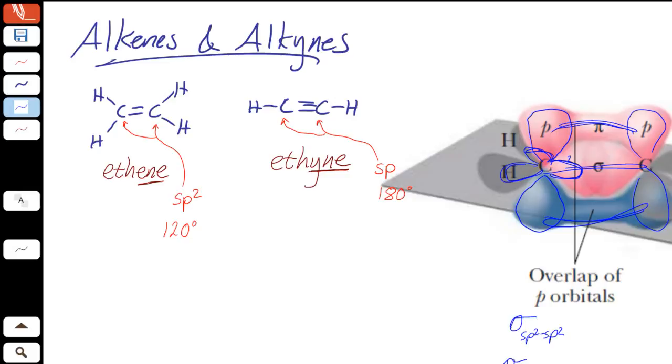So we can use these curved shapes to make double bonds. Add our hydrogens, and we have something like this. And now it is fixed. It no longer rotates. And that's what's happening in the actual structure as well.